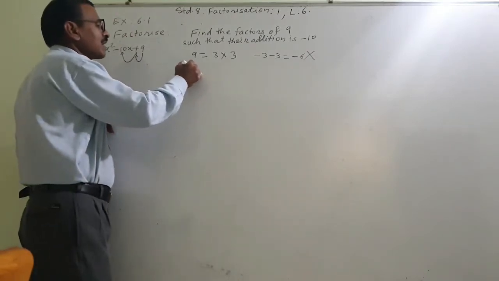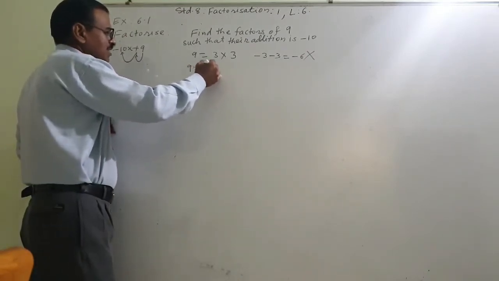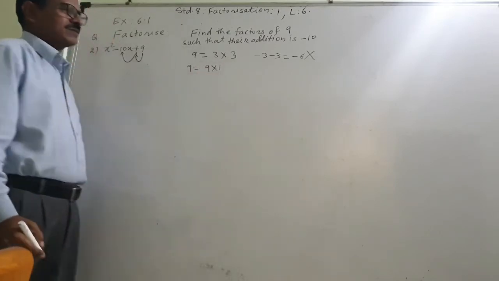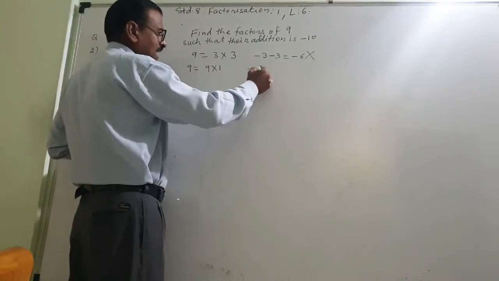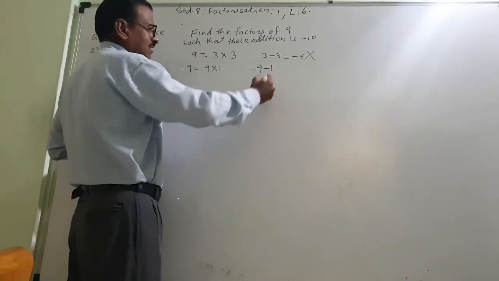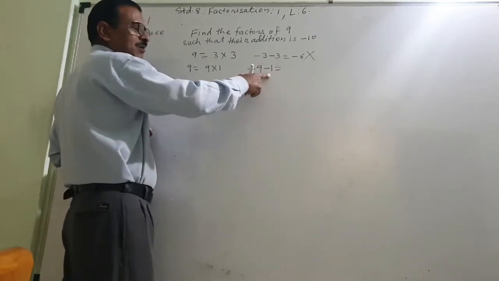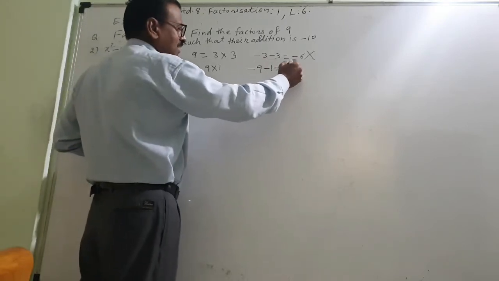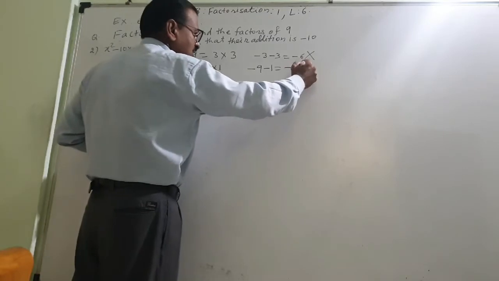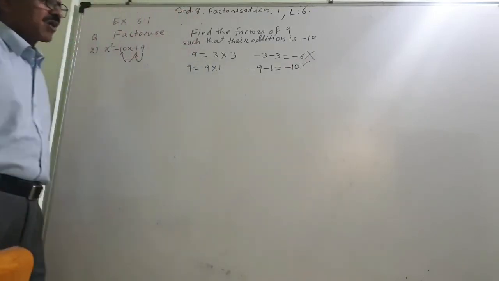So I will write 9 is equal to 9 into 1. If I take minus 9 and minus 1, both of them have the same signs. Minus 9 and minus 1 is minus 10. So this is what I wanted.